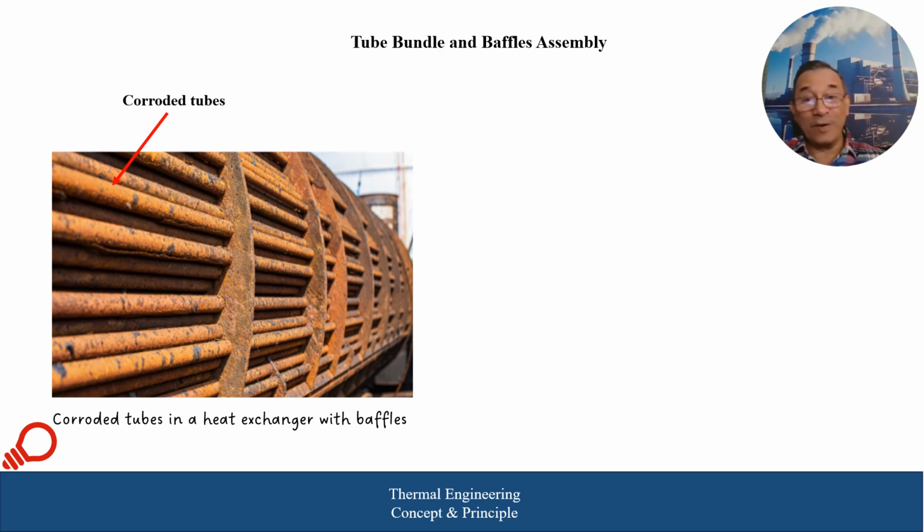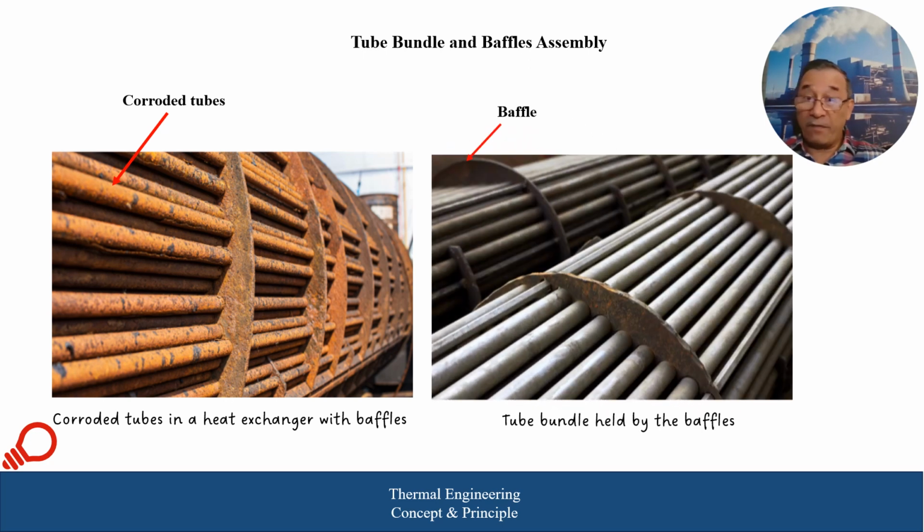If you look, these tubes are spaced by a baffle, which is a plate to hold these tubes. The baffle here is clear. It is a plate that has some holes to ease the passage of tubes.